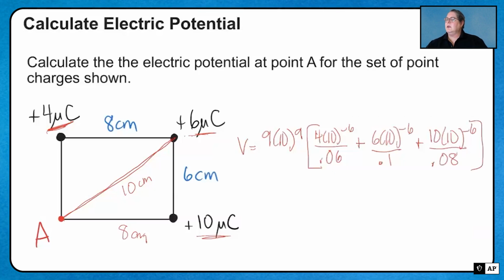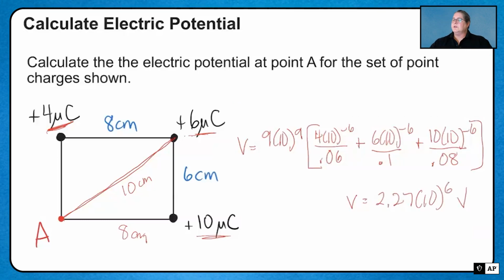We do all those calculations and we come up with a potential that is 2.27 times 10 to the 6th volts. So again, it's just about adding them up. In this particular case, I had all positive charges, so I'm going to end up with a positive potential.